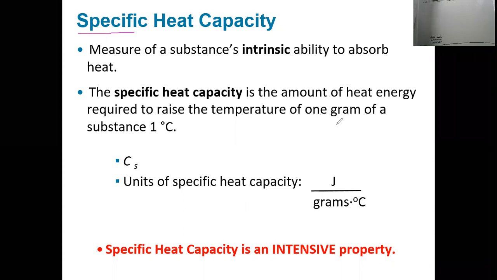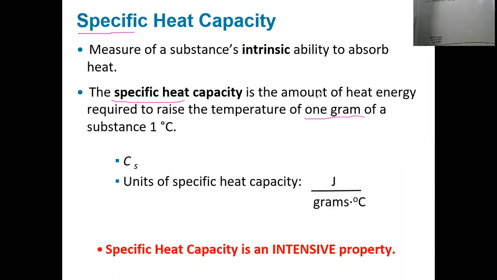Before, with heat capacity in general, we talked about how the amount of material will change the amount of heat something's able to absorb. Well, the definition of specific heat capacity is the amount of energy required to raise the temperature of 1 gram of any material by 1 degree Celsius. All right, so now we've specified the amount of material that we're looking at.